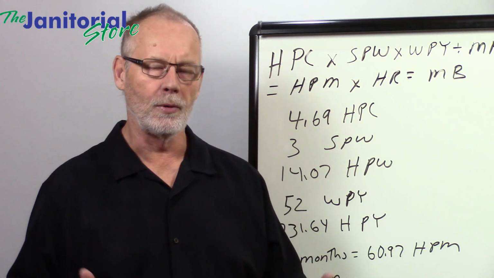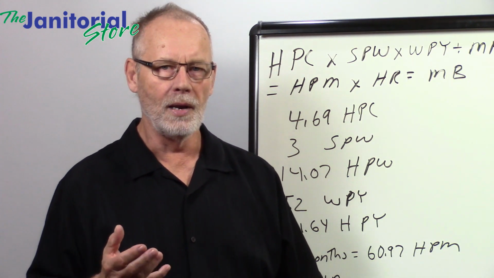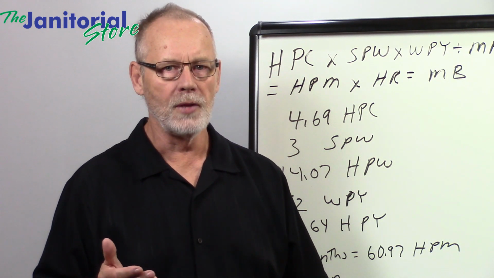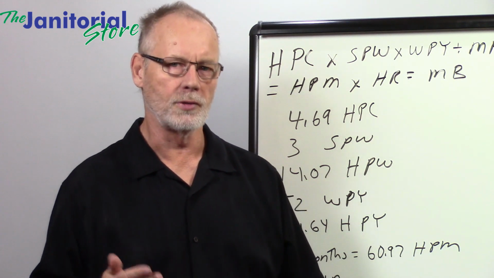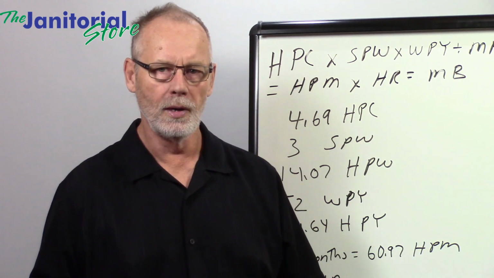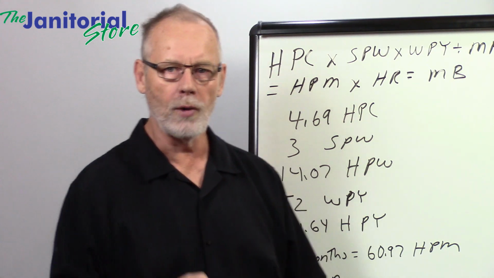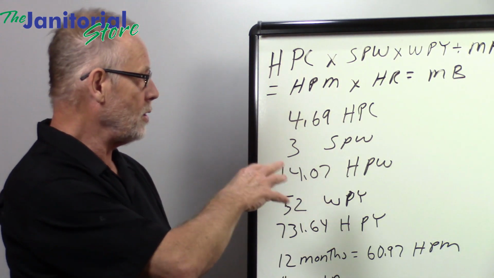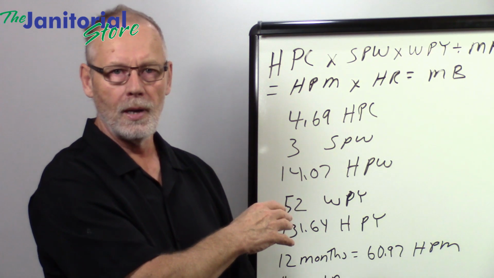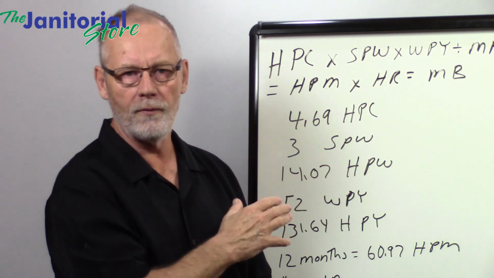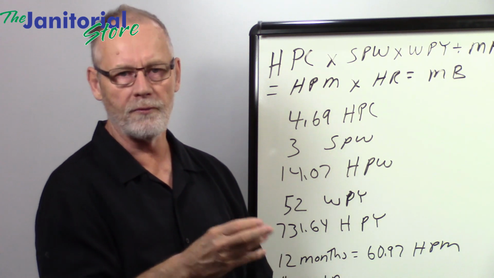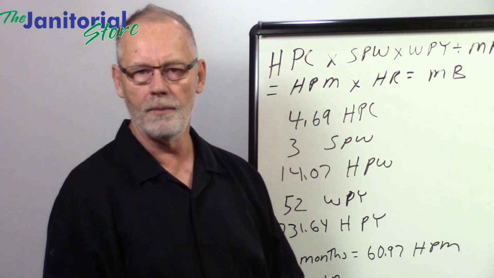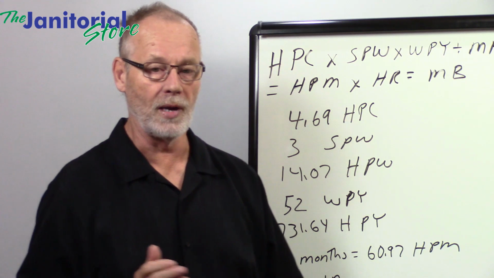Now I know a lot of people don't like all these numbers, but if you don't know these numbers, then you're not pricing correctly. That's why these formulas are so important, and that's why I'm sharing them with you. So again, that's how you would arrive at a price point using this formula. It's a sure-proof way of knowing that you've got all your hours covered for the entire month and for the entire year, and it's a big win.